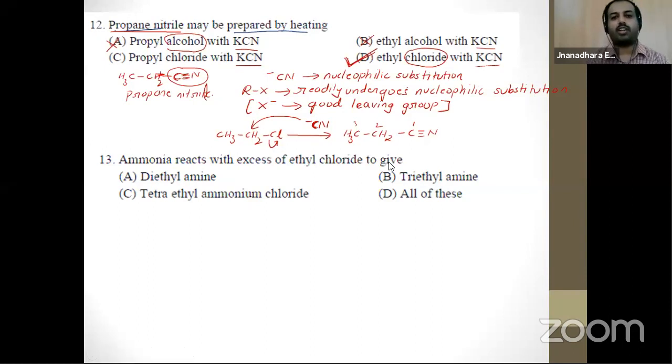Why alcohols cannot undergo nucleophilic substitution is, see, in an alcohol, ROH, the leaving group would be OH minus. OH minus is bad at coming out.